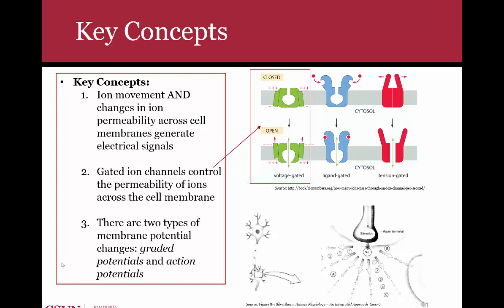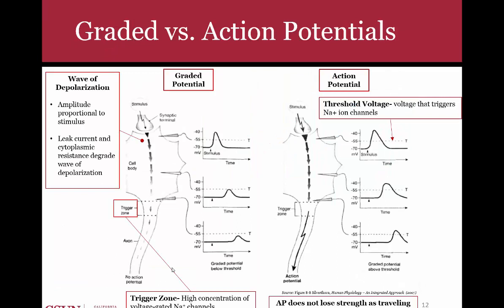And then there are action potentials, which are voltage changes that meet a certain threshold that then cause an all or nothing reaction that results in a signal being propagated along the length of a neuron.